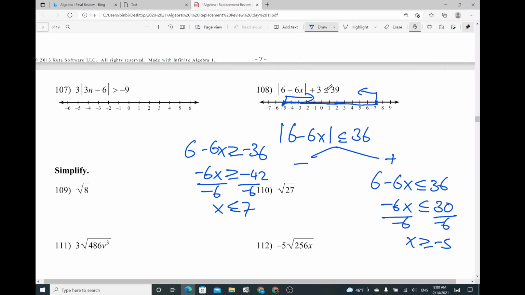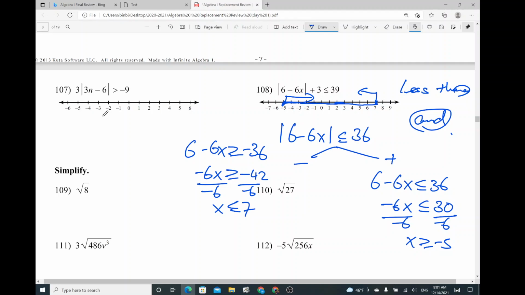Okay, so this one, if you see that less than or equal to with the absolute value inequality, that means it's always considered and. Less than, and, and. So that means the solution is always connected.